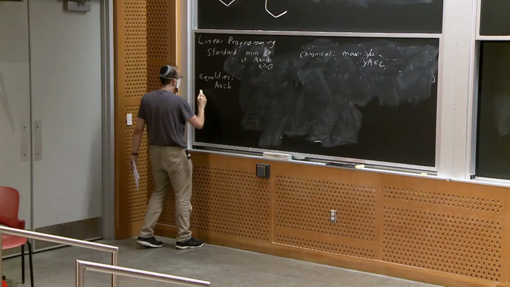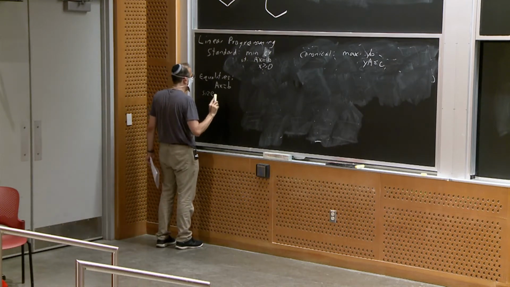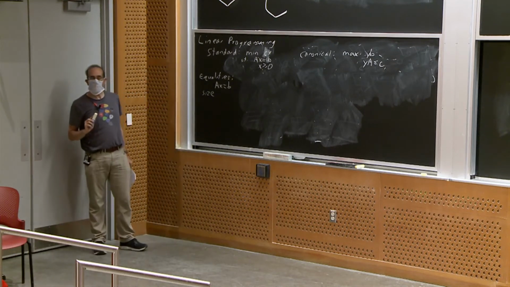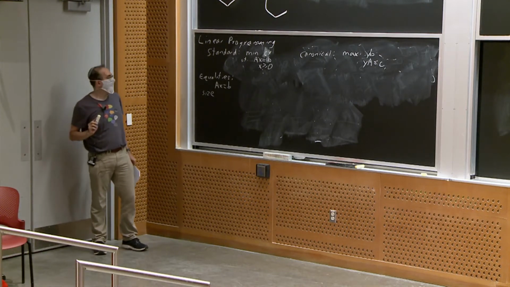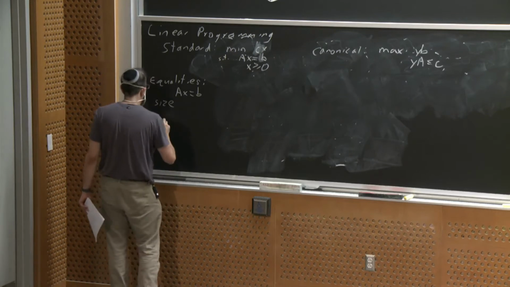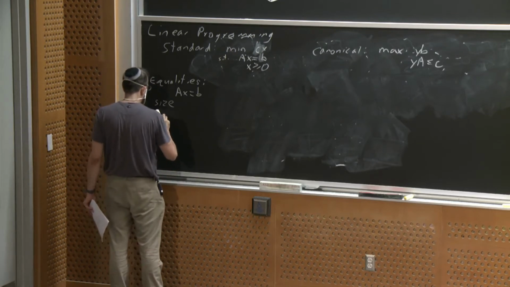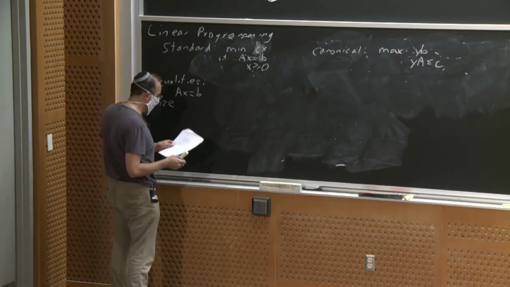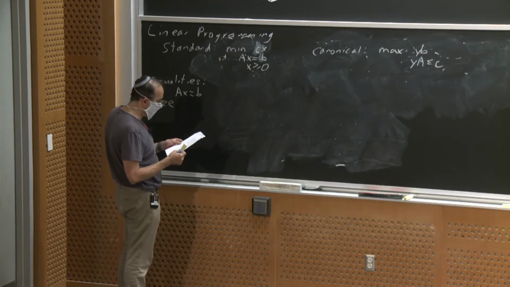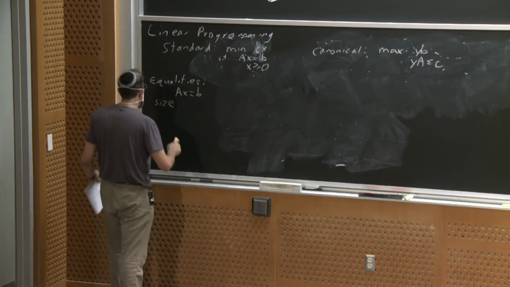And we talked about the size of matrices in terms of their bit representations. We talked about the sizes of products and sums of matrices and so forth, right?